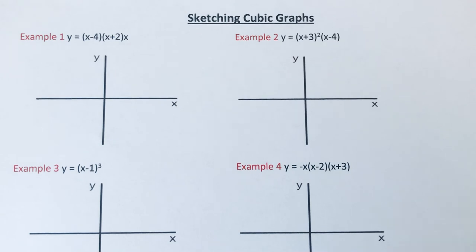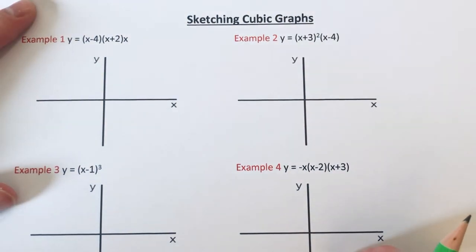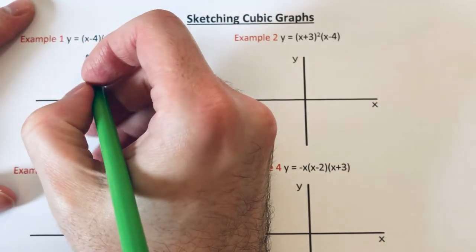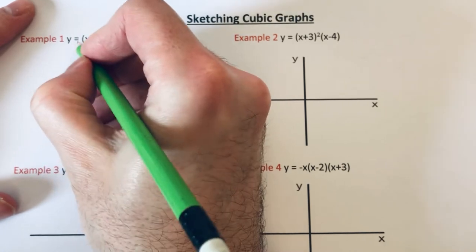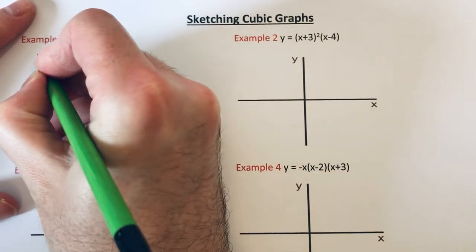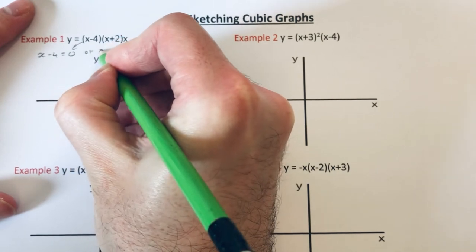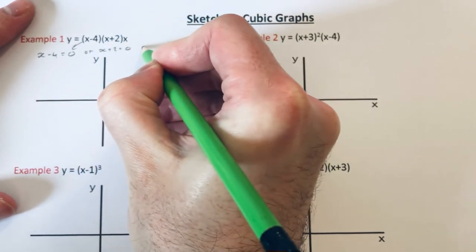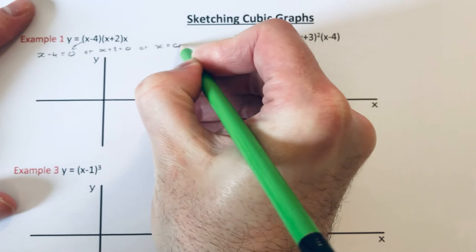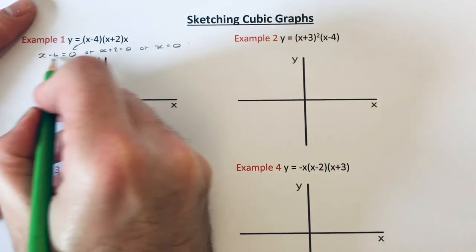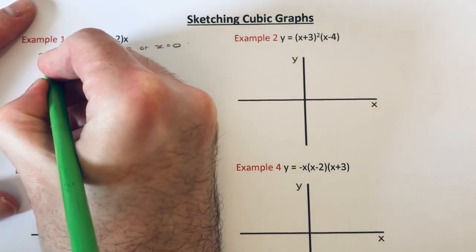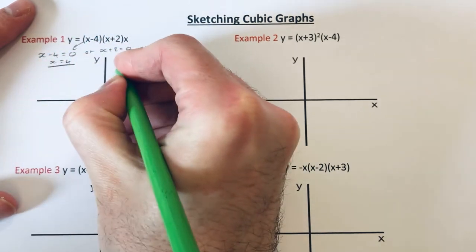So we've got y equals x minus 4, x plus 2, x. First thing we want to do is find out where the graph crosses the x-axis. So if we make each bracket equal to 0, we solve this first equation by adding 4, that will give us x equals 4.